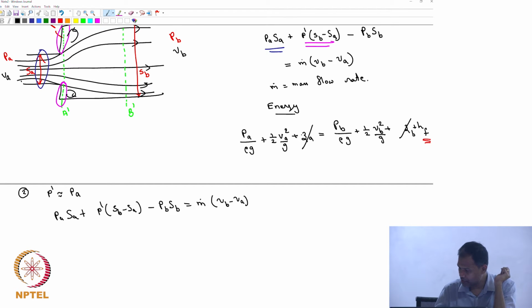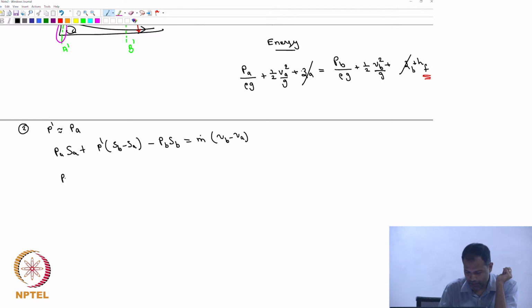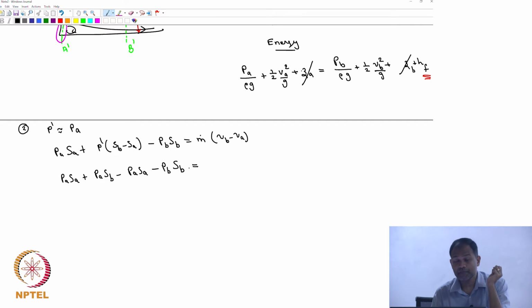If I substitute P prime equal to PA, PA SA plus PA SB minus PA SA minus PB SB, so this is PA SB minus PB SB, is equal to m dot. m dot is the mass flow rate, either rho VA SA or equal to rho VB SB; volumetric flow rate into density.